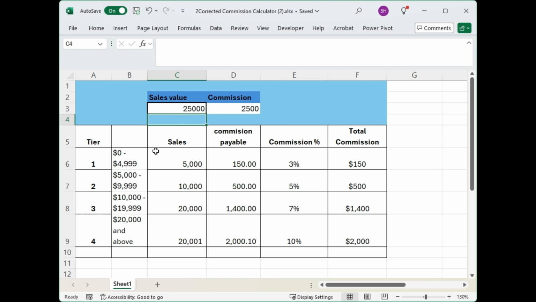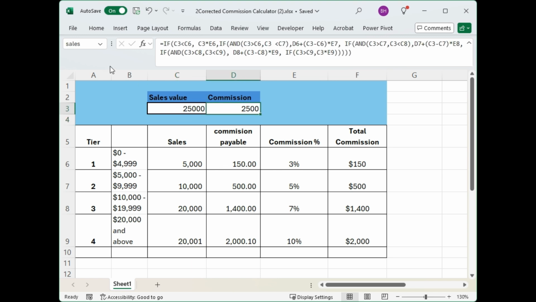So let me explain the IF function that I have here. I have quite a long formula here. So let's look at the first half. So here we go for the first part. I'll just highlight it.